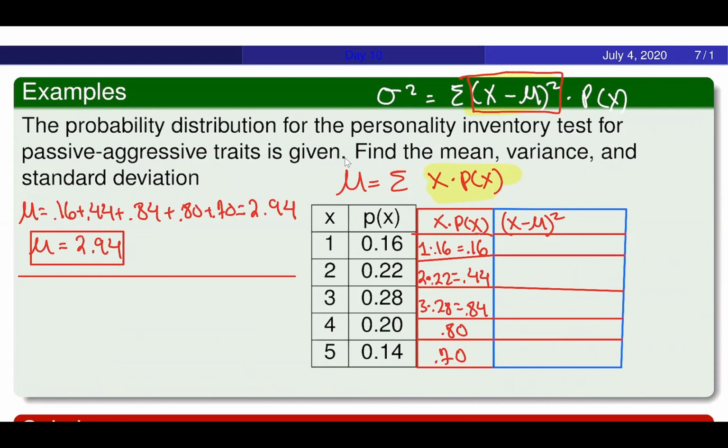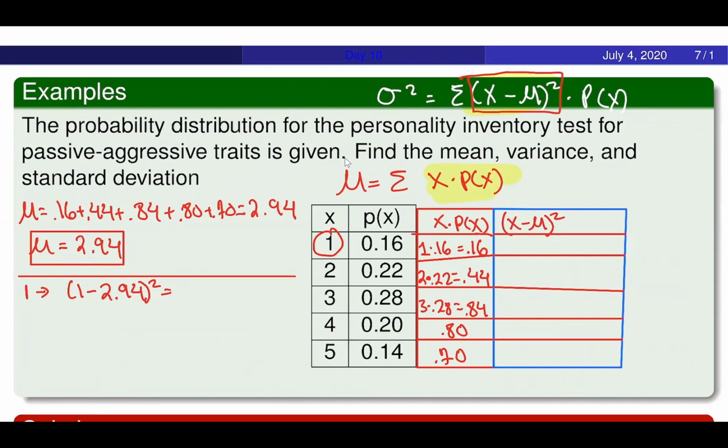So you get x, and we subtract mu. We'll do this for 1. Any questions so far? I got 1 minus 2.94 to the second power.